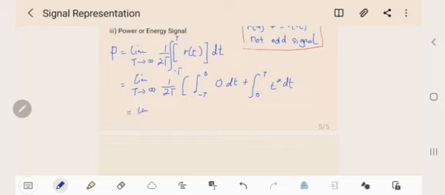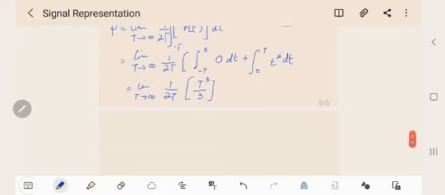So we integrate this signal. We have the limit as T approaches infinity of 1 over 2T, times 0 plus, when t squared is integrated, t to the power of 3 divided by 3. We multiply inside and the T cancels with this T, so we have T to the power of 2 divided by 2 times 3, which is 6.